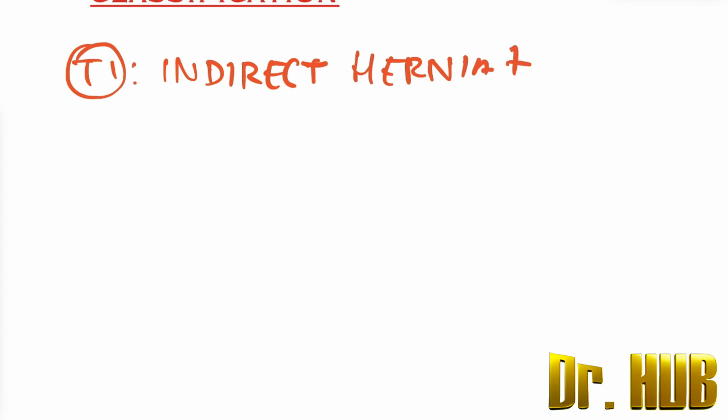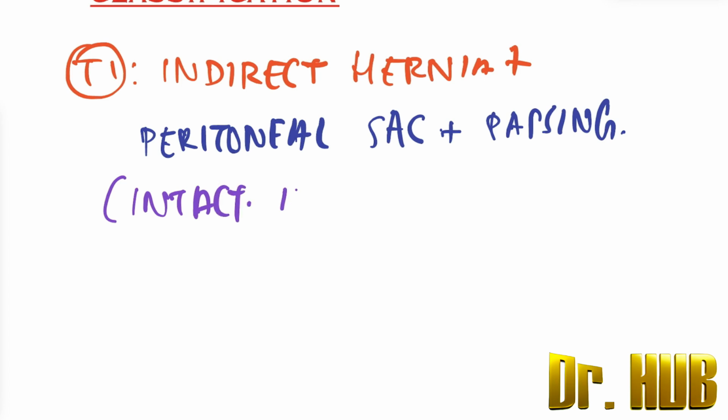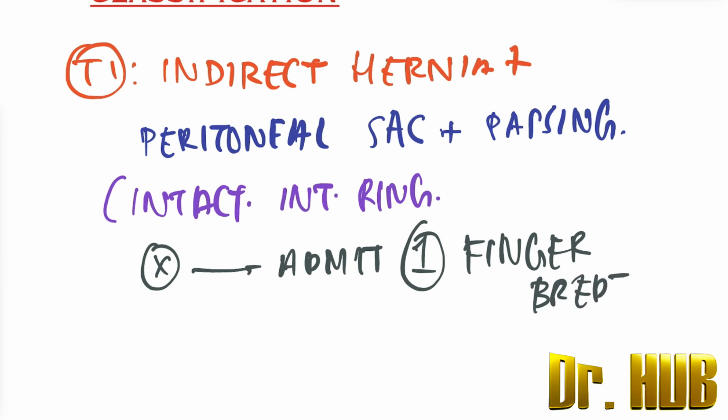Type 1 is nothing but the indirect hernia, and there is the presence of a peritoneal sac passing through an intact internal ring that will not admit one finger breadth, that is, it is less than 1 centimeter.